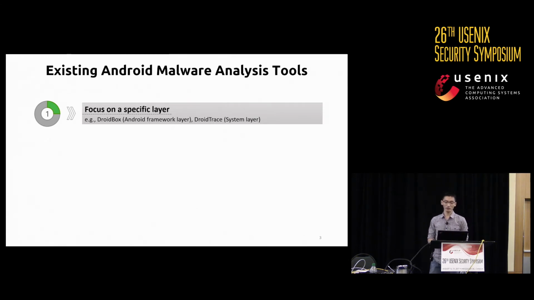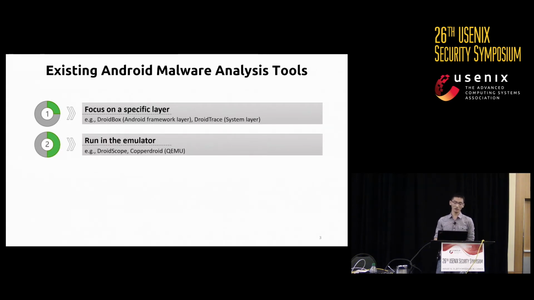It monitors the sensitive behaviors through hooking special Android framework methods. Strace runs in the system layer. It is implemented through injecting the target app by invoking the function ptrace. So it monitors the sensitive behaviors through tracking the invocations of system calls.